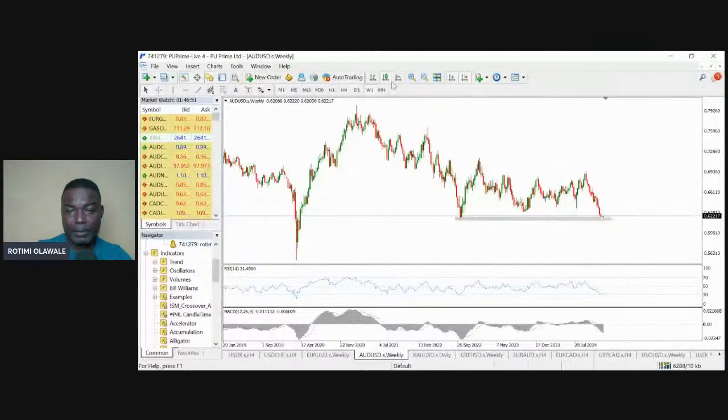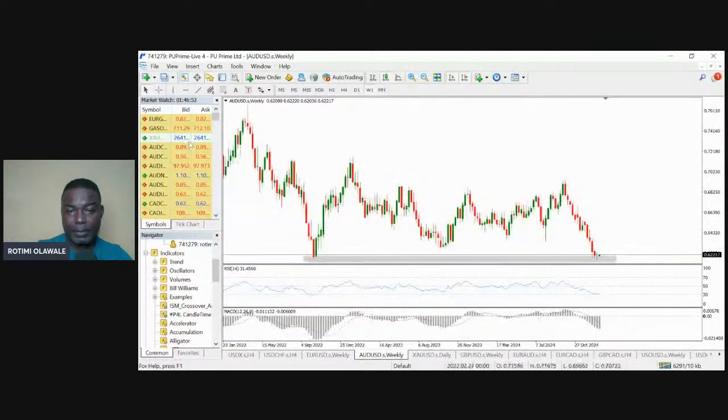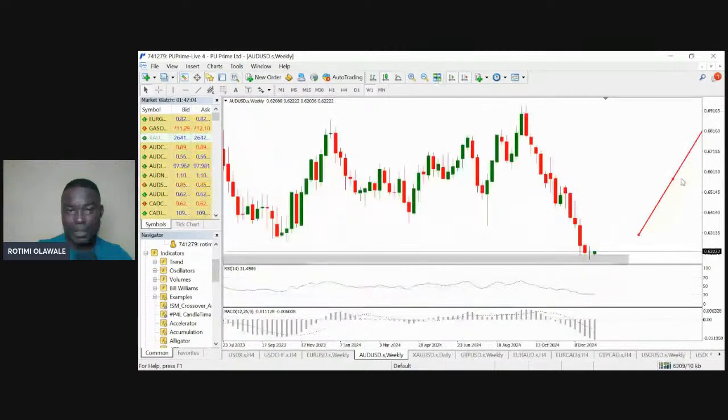You can see right there we have a support level on the weekly time frame. So we can just flip down to lower time frames to look out for our entry opportunity. And not only a support level, we can see that the candle that closed last week was actually a doji. We have a doji right there. That's a double confirmation of a bullish breakout on the AUD USD for this week. So I'm bullish on the AUD USD for this week.